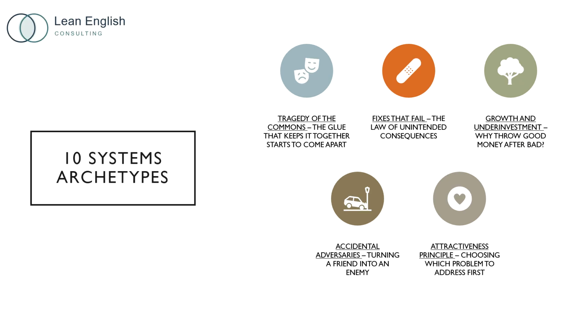Then we have tragedy of the commons, fixes that fail, growth and underinvestment, accidental adversaries, and attractiveness principle. Each has its own pattern of parts and influences that have been identified as common to that archetype. As we move through these, think about instances in your company or your personal life that exhibit the same behavior.